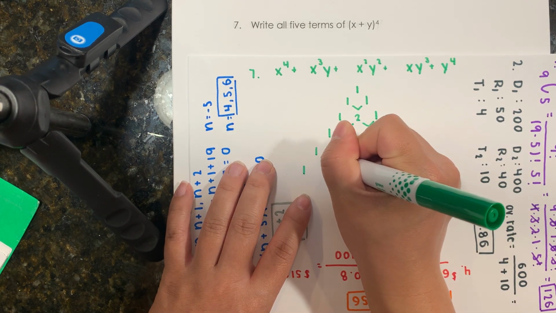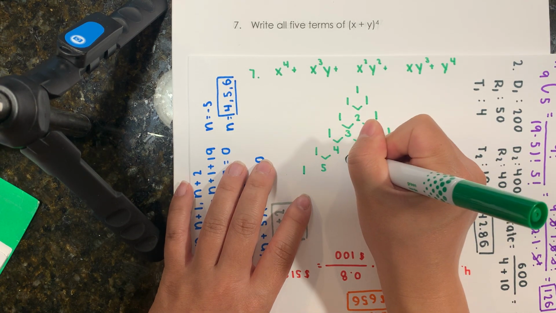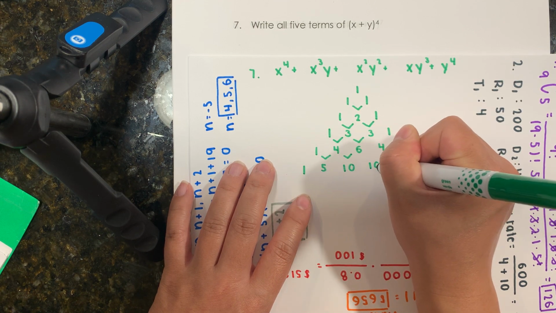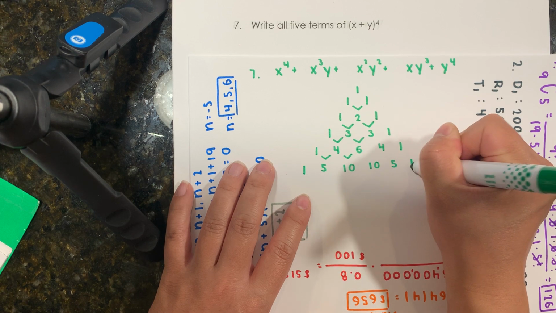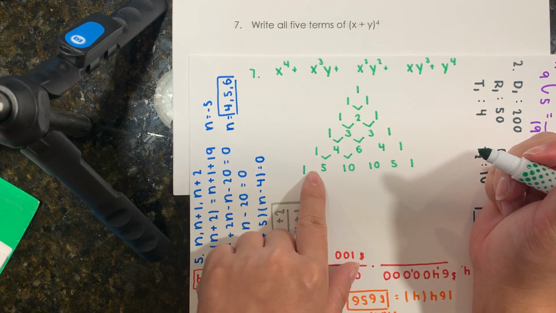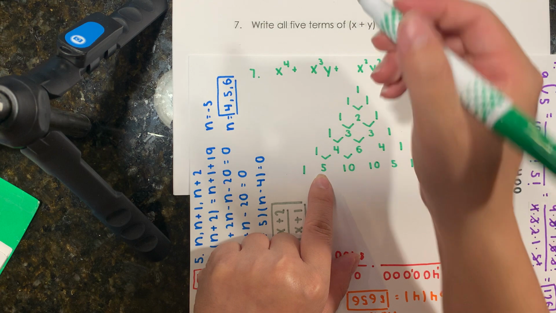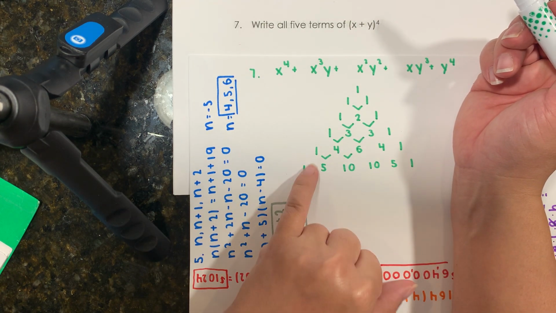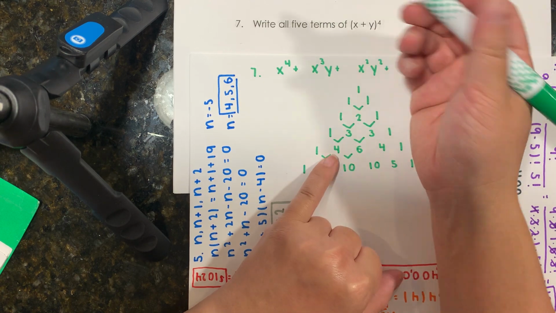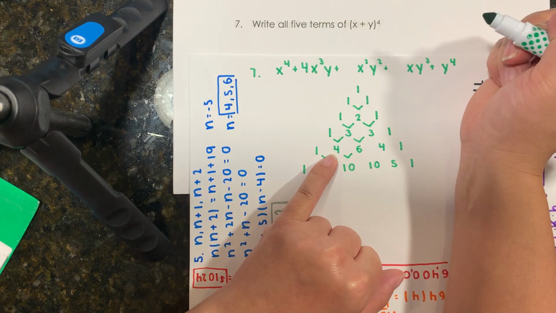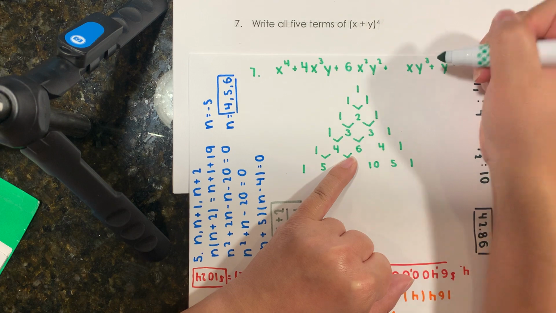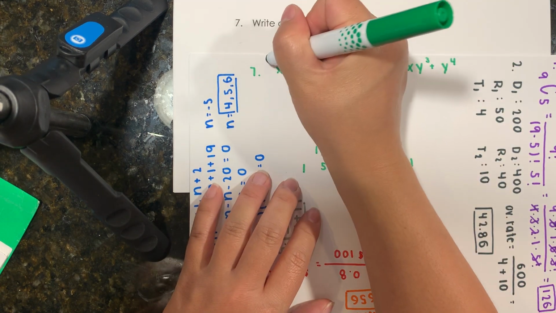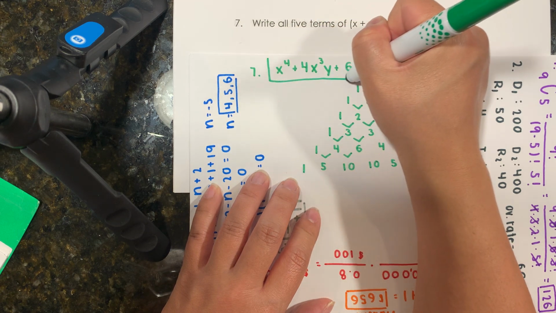Adding again, 1 plus 4 is 5, 4 plus 6 is 10, 6 plus 4 is 10, 5 and 1. Okay, so these are actually your coefficients for your power of 5. I went too far because I only needed the power of 4. So your coefficients would be 1, then 4, then 6, then 4, then 1. So this right here would be your answer.